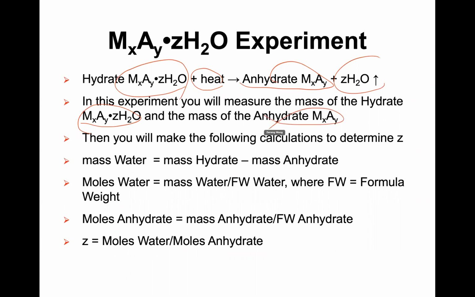Like I told you earlier, the difference will be the mass of water, which is the mass of hydrate minus the mass of anhydrate. We can use the mass of water divided by the formula weight of water to get moles of water. Likewise, for moles of anhydrate, you use the mass of anhydrate divided by the formula weight of anhydrate. So the value of Z can be found from this ratio of the moles.